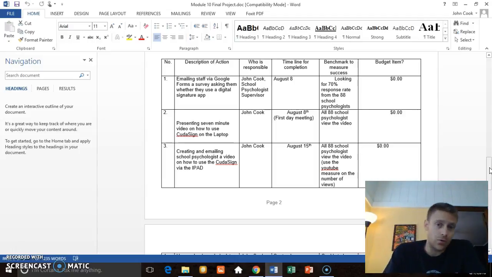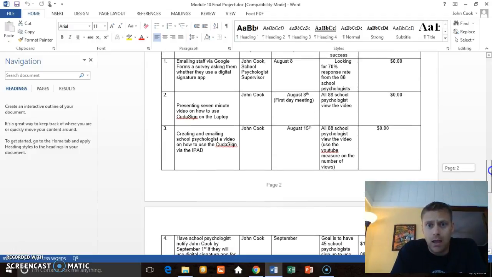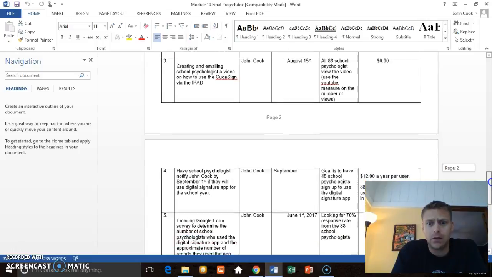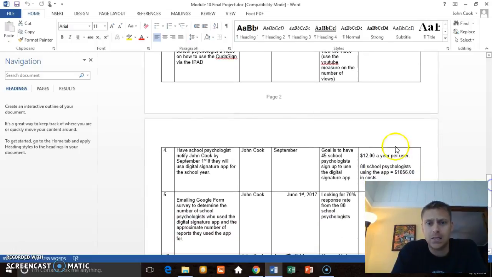I could also use the fact of saving paper in and of itself as a quantifiable number. Going through the timeline, I'll have my first meeting and the tutorial video introducing the app, and try to recruit as many school psychologists as I can to reach that goal of 45. I'd like to know that by September.